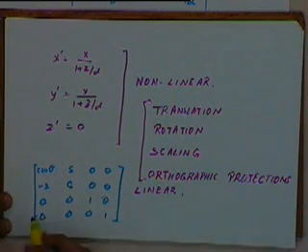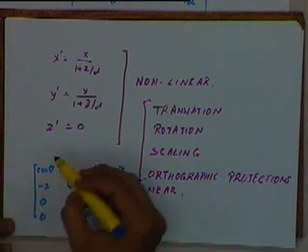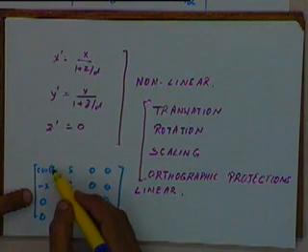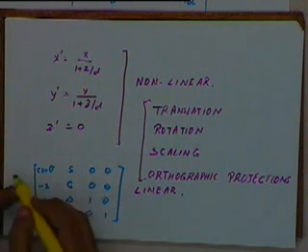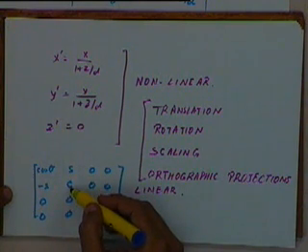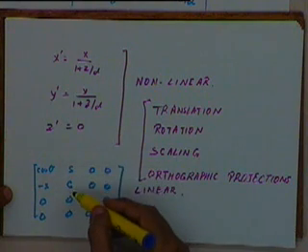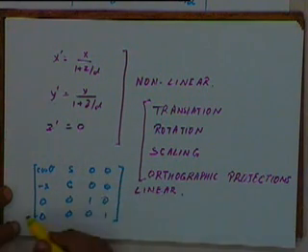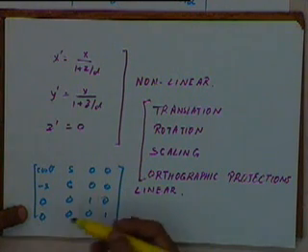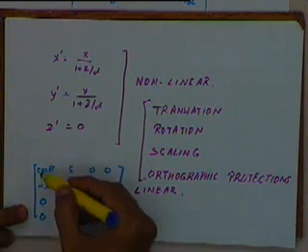In this the value of x prime is x cos theta minus y sin theta, that is a linear combination of x and y. Similarly, the value of y prime was x sin theta plus y cos theta, that is again a linear combination of x and y. z prime in this case was equal to z. So all x prime, y prime and z prime were linear combinations of x, y and z.